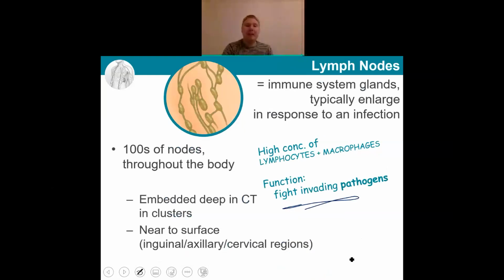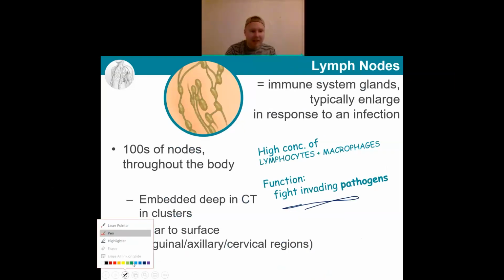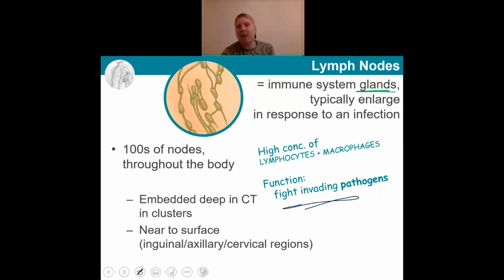So let's start with the lymph nodes. If you remember, these were glands that were kind of enlarged parts of the lymphatic system. They end up enlarging, growing bigger, if there is an infection. This was when I said that the white blood cells that live inside the lymph nodes start to proliferate, and for that reason they start growing in size.